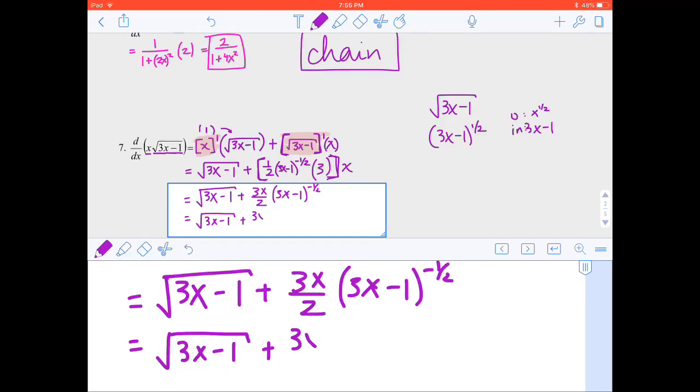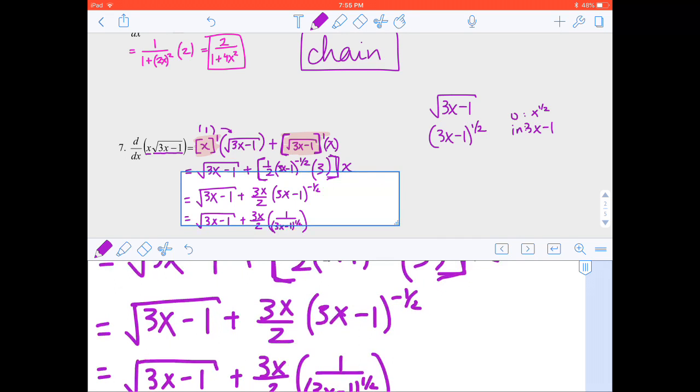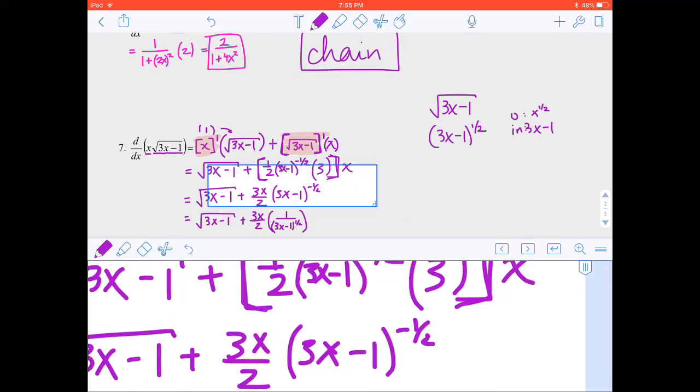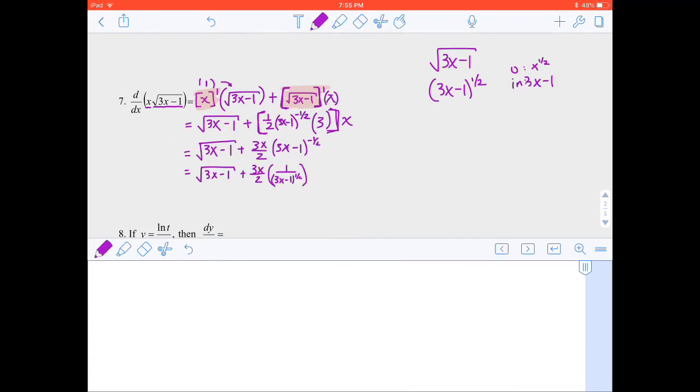And it's going to become 3x over 2 times 1 over 3x minus 1 to the positive 1/2. So we had a negative 1/2. We can flip it, find the reciprocal of this function, and change that sign to positive. And remember that the power of 1/2 is just a square root.